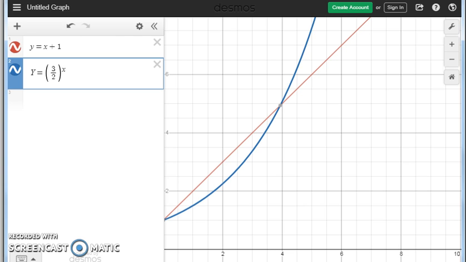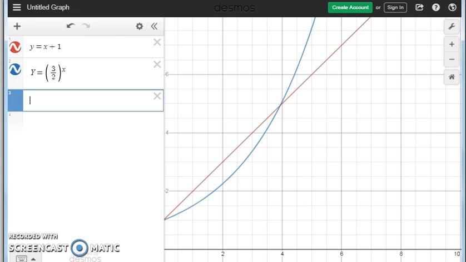The slope of x plus 1 is constant. It's never going to change. Whereas the slope of 3/2 to the x is always going to be increasing. So these are never going to intersect again. You can prove that with calculus. Or if you like, you can just actually graph the difference between these.